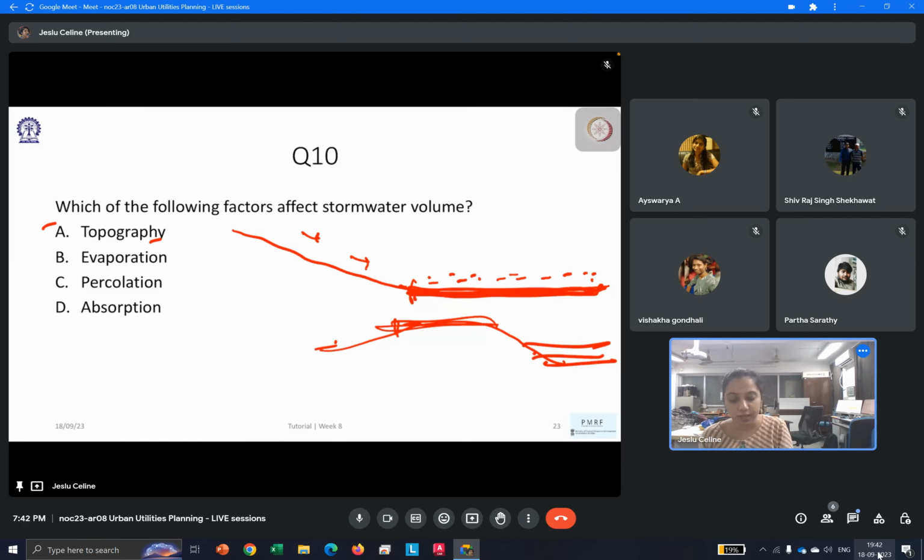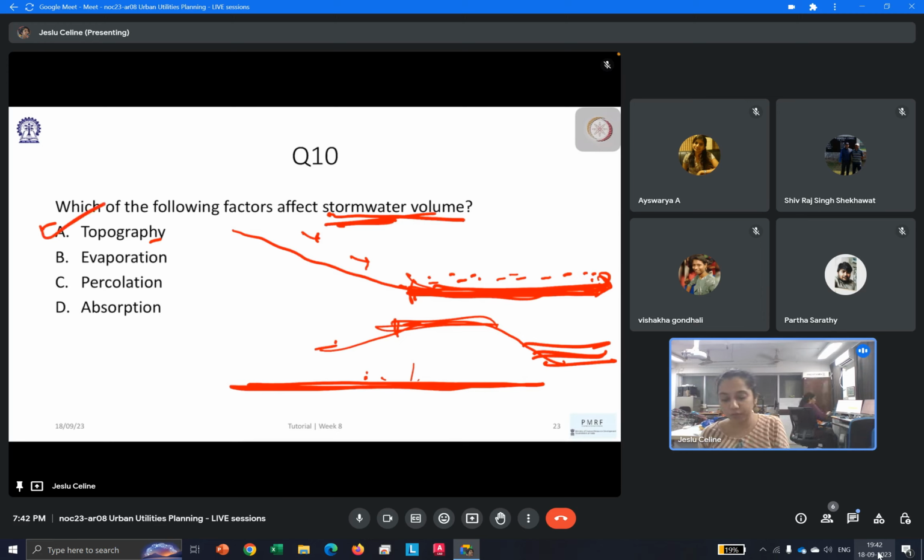So topography affects stormwater volume, and from there it goes on to the river. And if it's on a completely flat region, there are chances that surface runoff or stormwater will not be much, because it will lie over here and probably get evaporated. Whereas if it's a region where it's being collected, then that evaporation loss is also reduced. So yes, topography affects.